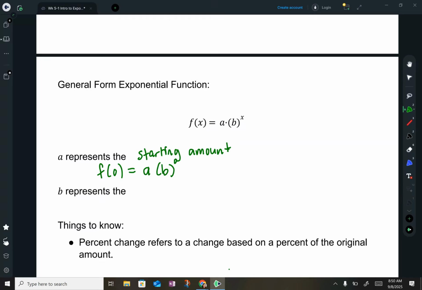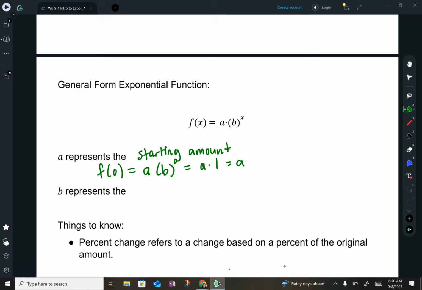Now, remembering our order of operations, we do exponents first. The 0 is only on the b, so we just take b to the 0th power, which is 1. So that's a times 1, which is a. So that makes sense that a is always going to be your starting value, because when the independent variable is equal to 0, you're just going to get a out of the function.